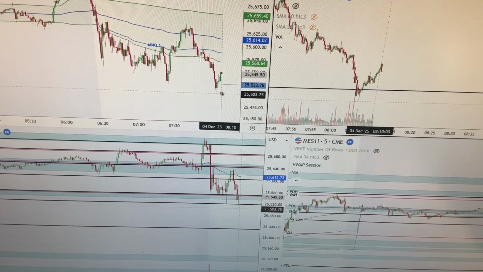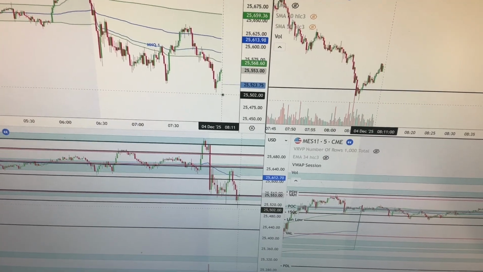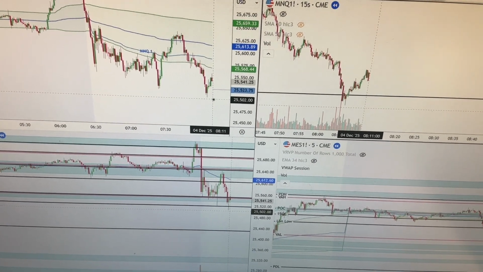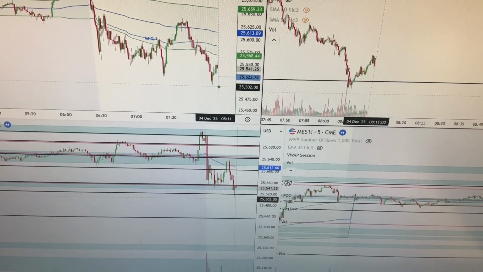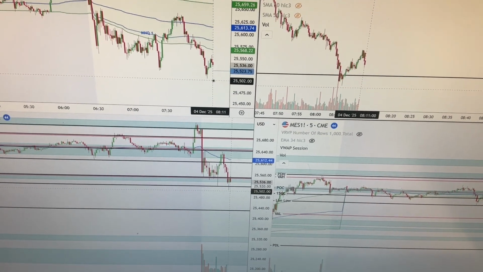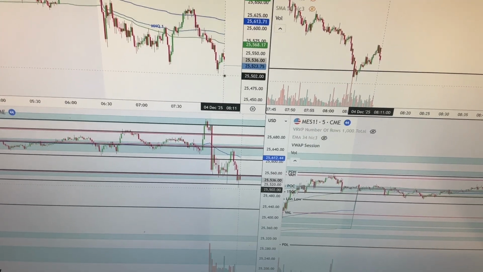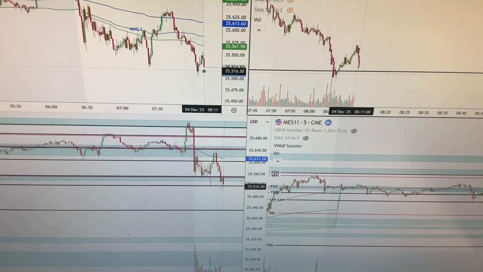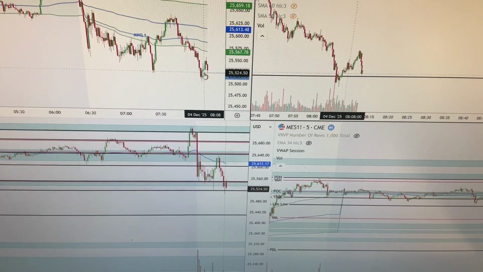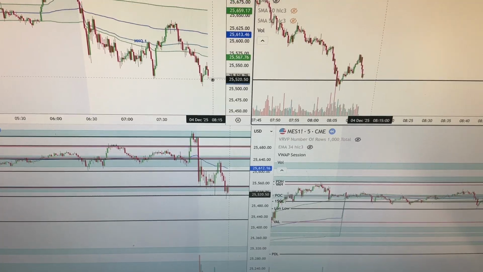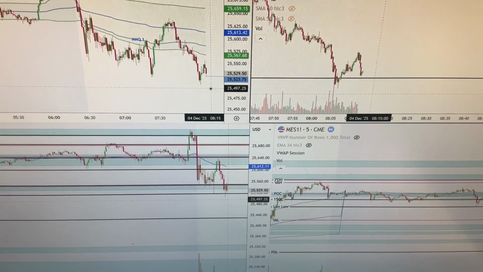So 8:18 is when she sent the screenshot out. So right now the clock is 8:11. She's waiting for it to take a breather. When it takes the breather, she gets in right at the most perfect spot with a nice tight stop. And this is where she got in at 23.75.